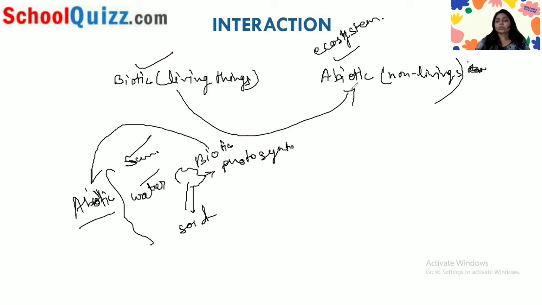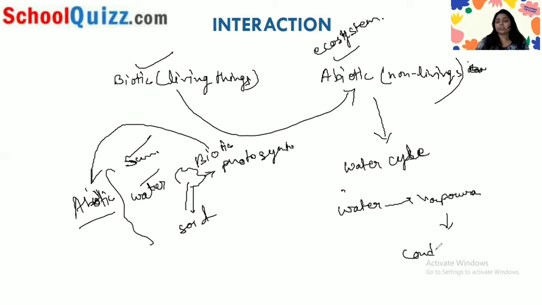And for the abiotic components interaction, you can see the example of the water cycle. In the water cycle, what happens? The water from the ocean gets vaporized, okay? Evaporation happens, and condensation, then the precipitation happens, okay? So you know that is a water cycle.